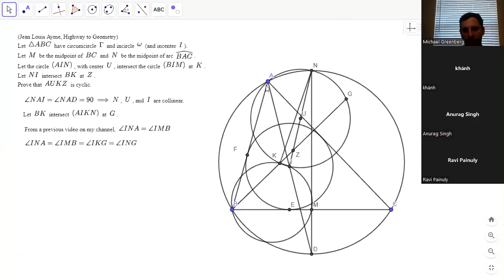So AUKZ. So this angle, it's half of arc NG plus half of arc IK. Oh, yeah, actually, now I don't think we solved it because it's not an isosceles trapezoid. I'm not sure if we have.